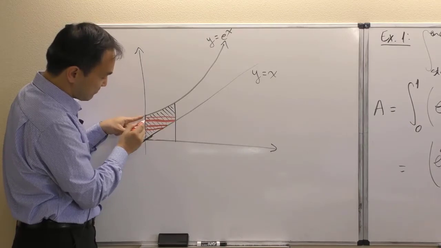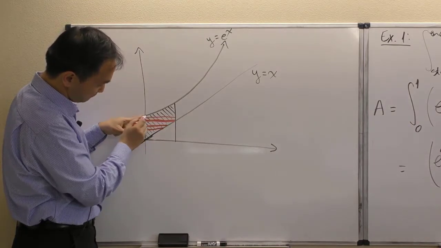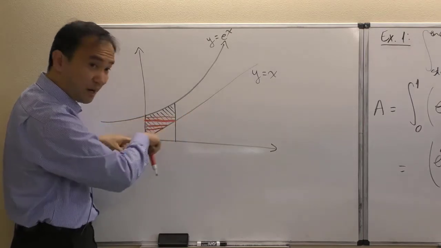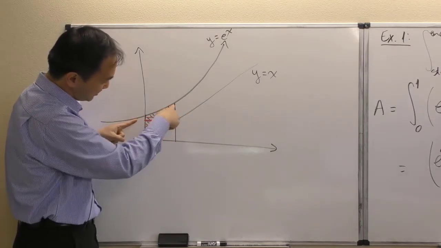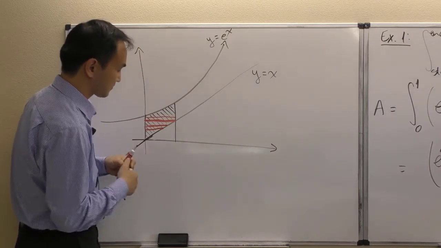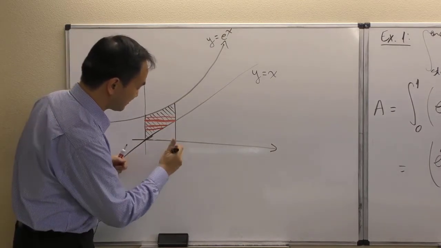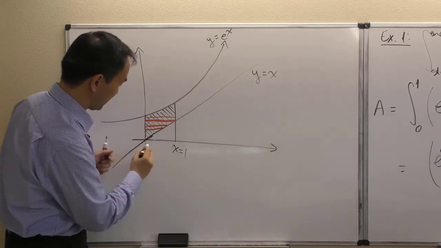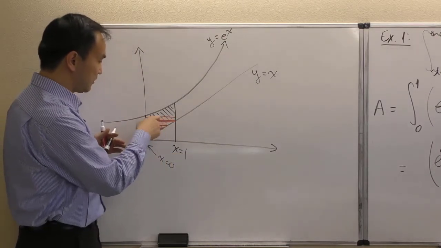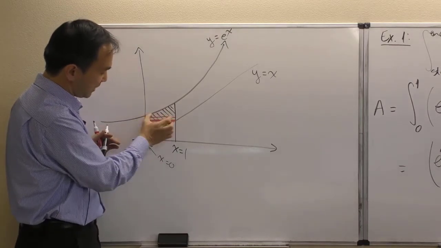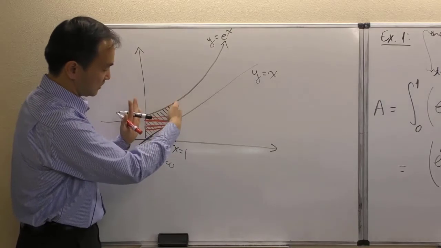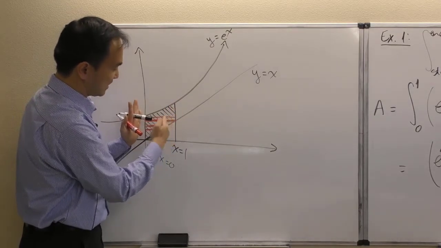The left curve still remains this straight vertical line, but the right curve is no longer this line. The right curve this time is actually the straight line x equals 1 right here, and x equals 0. So we definitely run into a situation of changing from one curve to another, just to work with the idea of right curve and left curve.